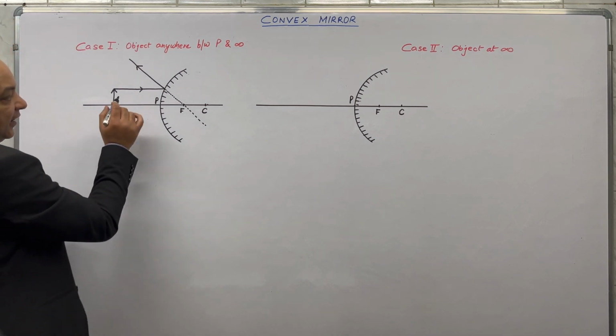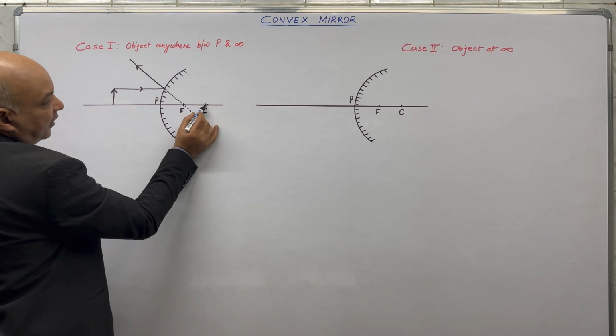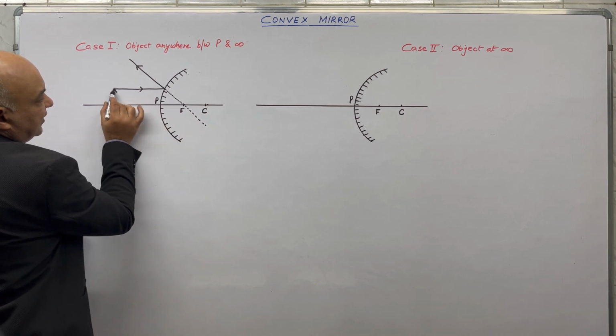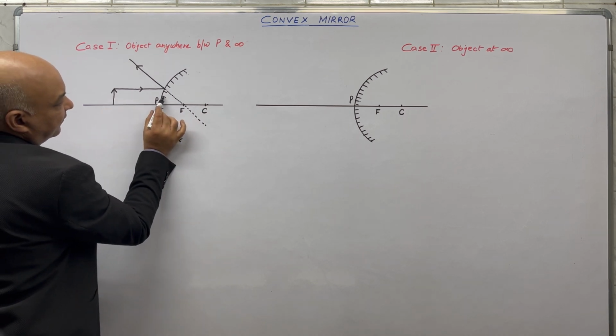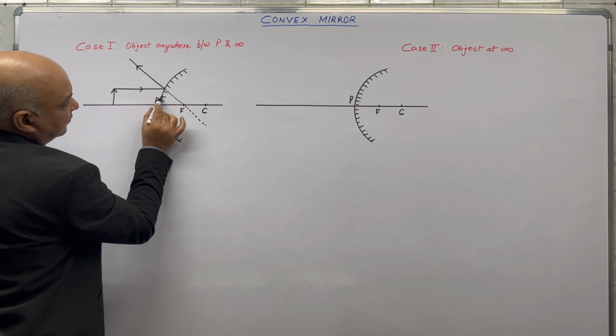My second ray in this case would be passing through C. So you have to draw a little carefully.